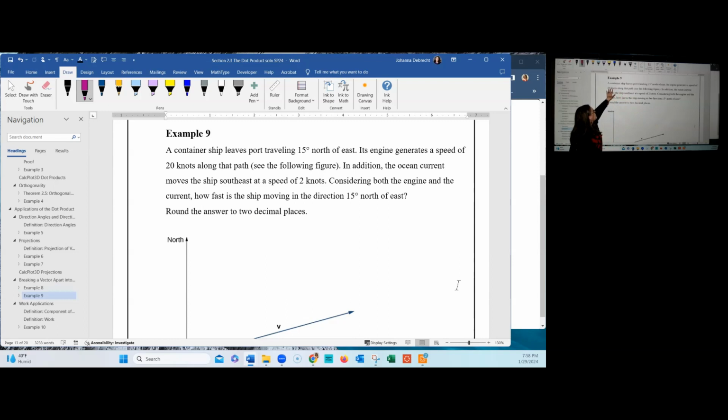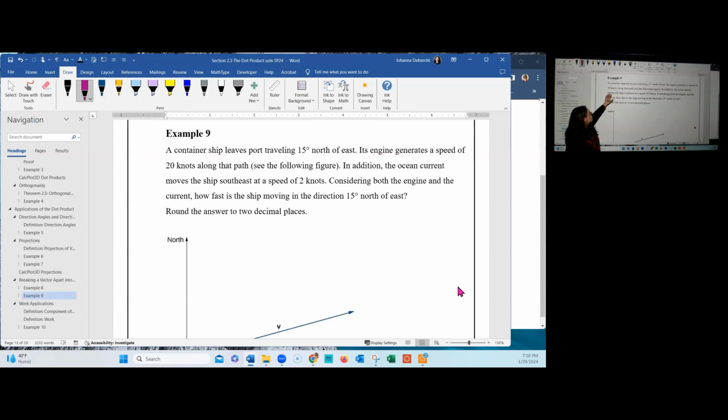Its engine generates a speed of 20 knots along that path. So the magnitude of the vector in that direction is 20 knots. But the vector itself is going to be different. We'll have to come up with a representation for the vector, which will relate, of course, to the angle.